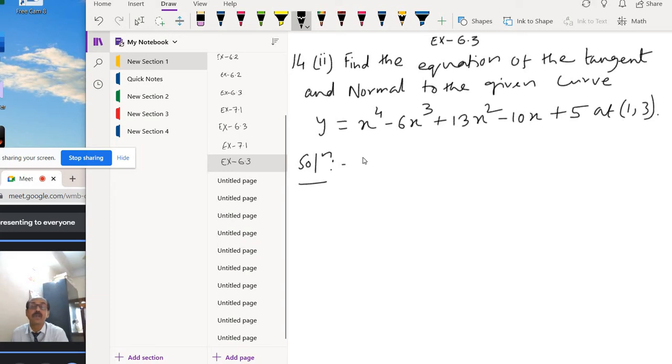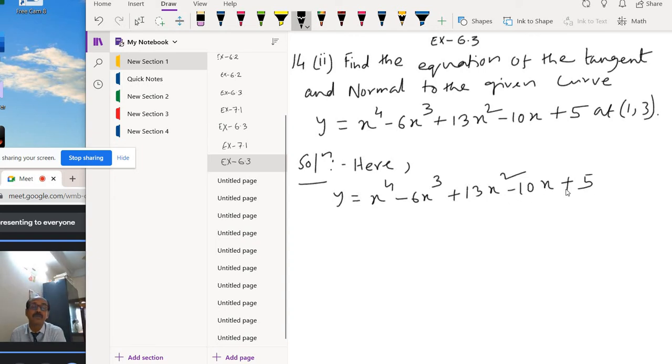So here the equation of the curve is y equal to x to the power 4 minus 6x cube plus 13x square minus 10x plus 5. Find dy by dx.